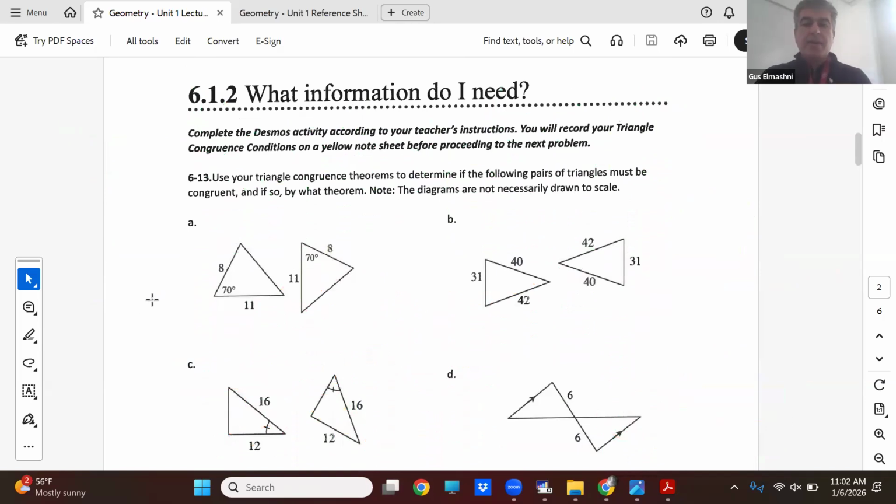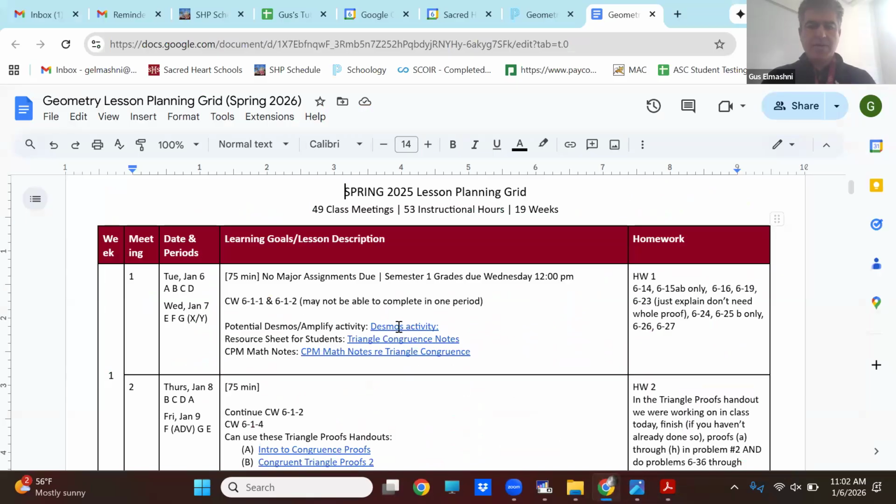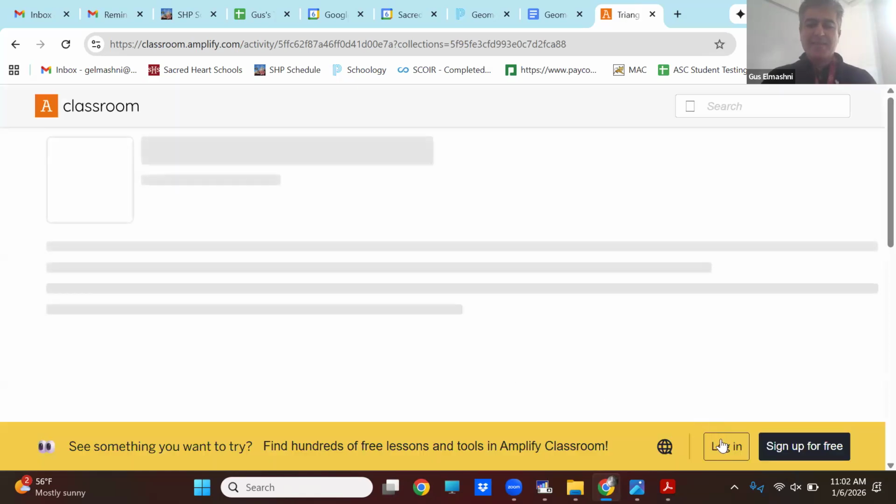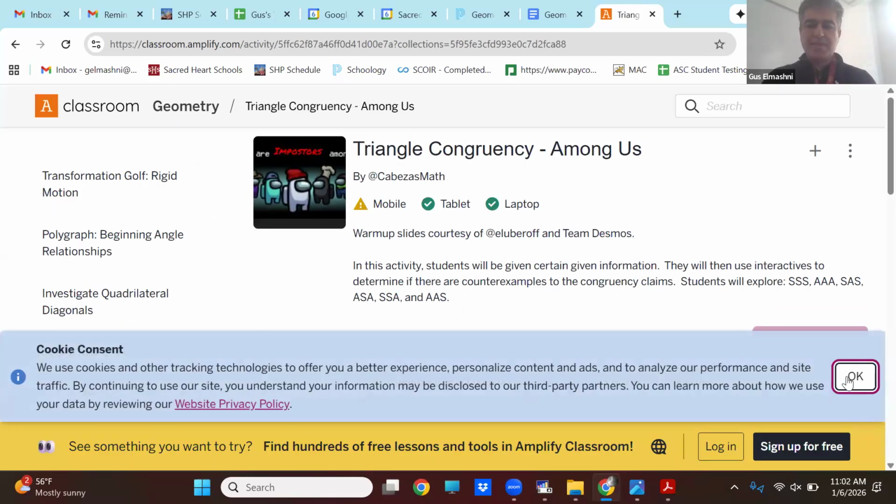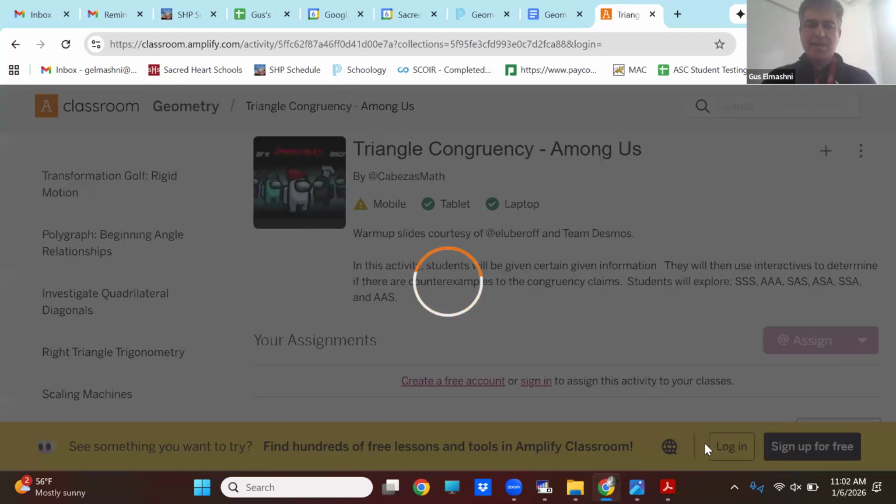All right, so here, what information do I need? So there's actually a Desmos activity. Actually, let me pull up that Desmos activity right now. Give me a sec here. I'm kind of doing this on the fly because I haven't actually looked at it for the first time until now. Shoot, really? Got it. Log in.